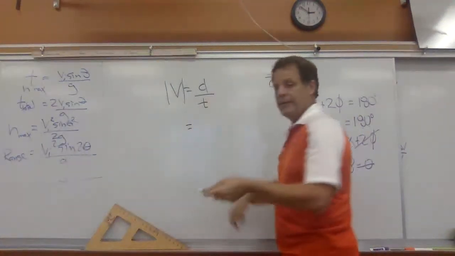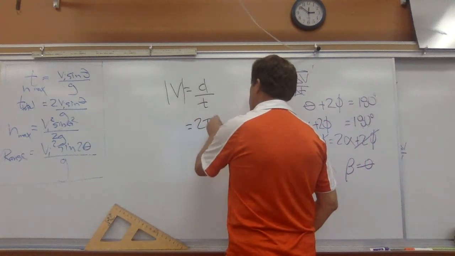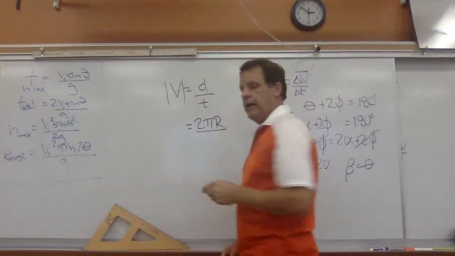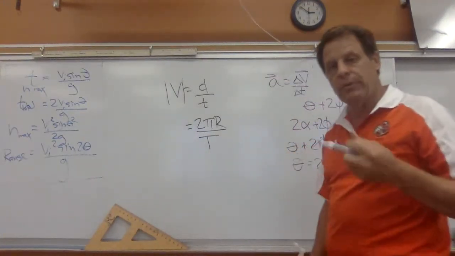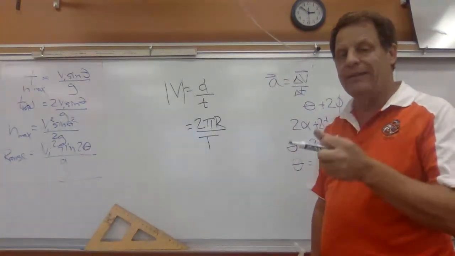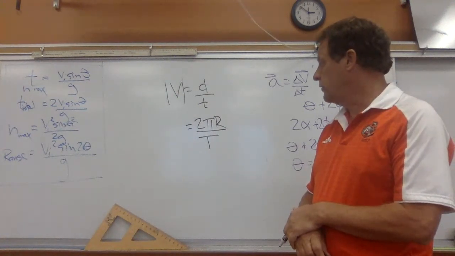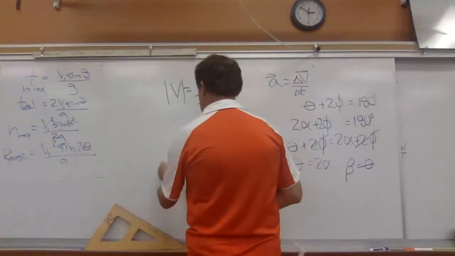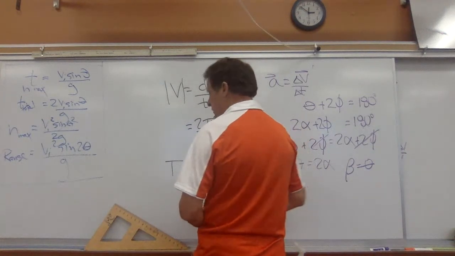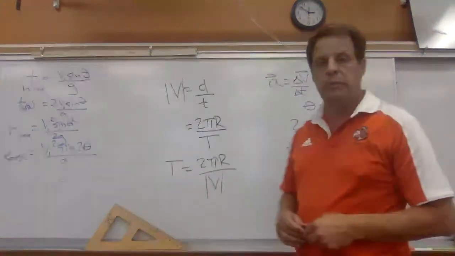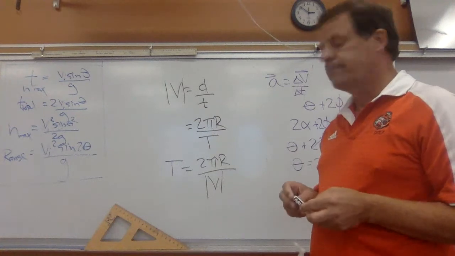If we talk about the distance all the way around in a circle, that is going to equal 2 pi r. And how long does it take? It takes 1 period. So this capital T stands for period, and it is equal to the time it takes for one revolution. So we could say T is equal to 2 pi r over v, which would be the speed, with that absolute value.